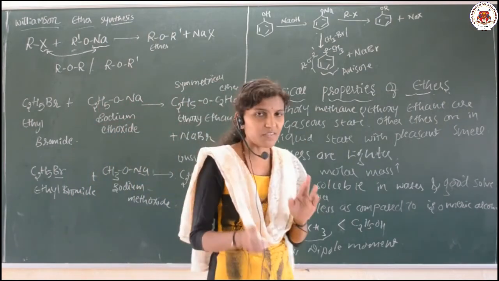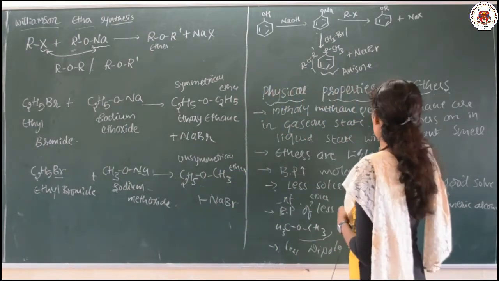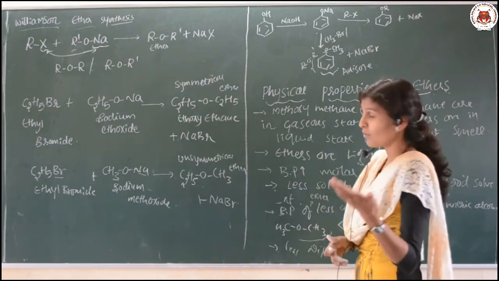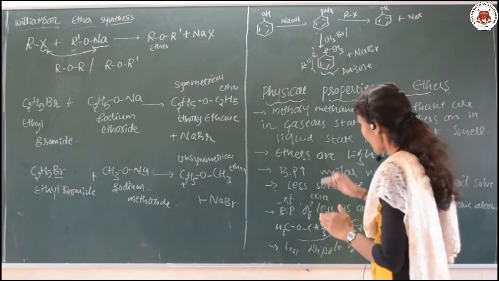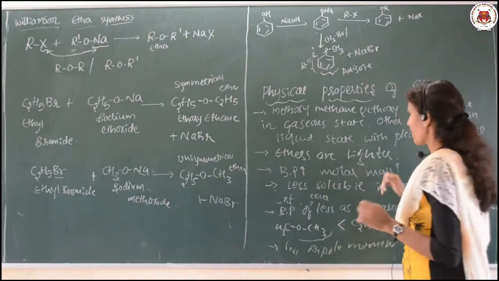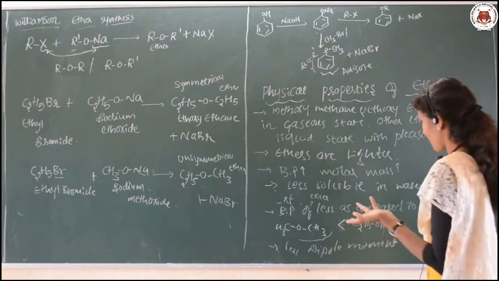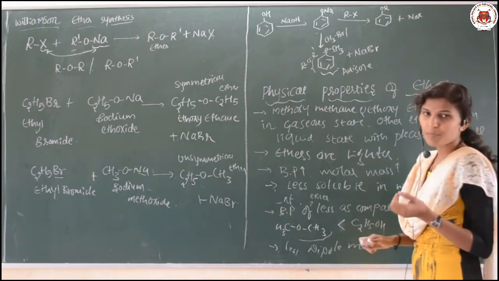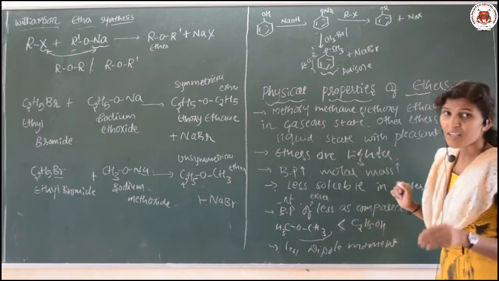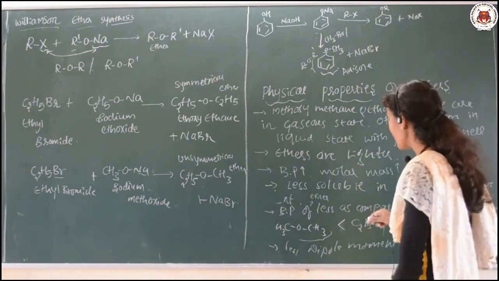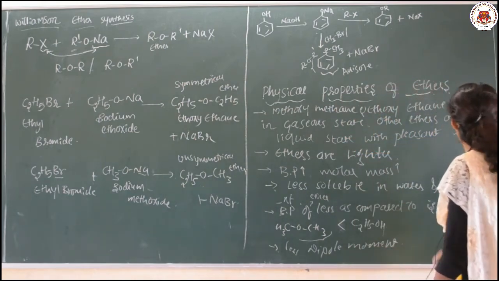So the first point is regarding the state, that is methoxymethane and ethoxyethane are gaseous in state, while others are in the liquid state with the pleasant smell, and ethers are the lighter ones, and then the boiling point increases as the molar mass increases, and they are less soluble in water because they are not able to form the hydrogen bond, and the ether itself is a good solvent, and then the boiling point of the ether is less as compared with the isomeric alcohol.